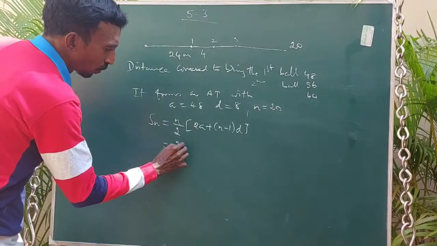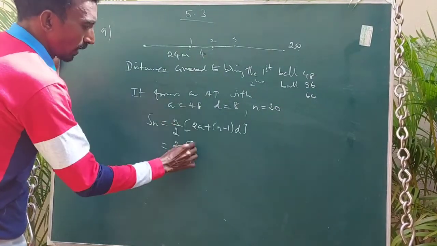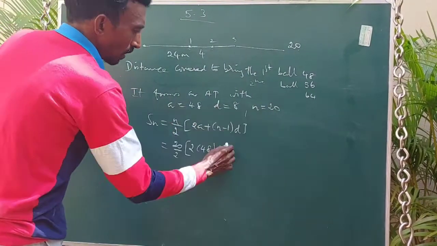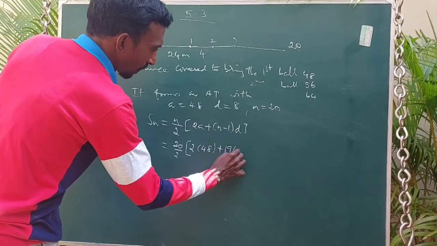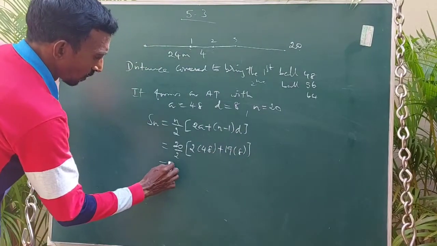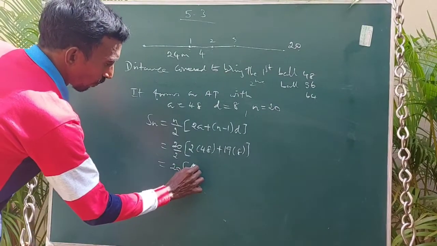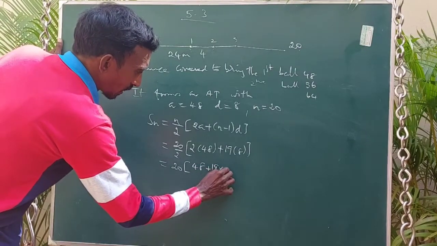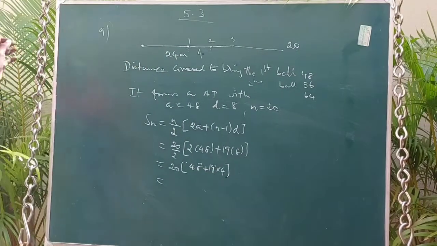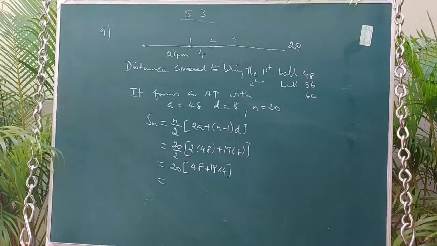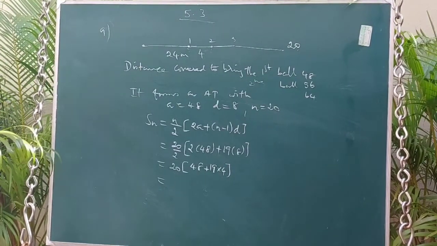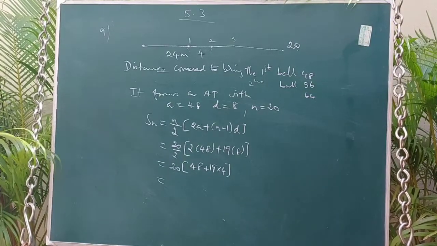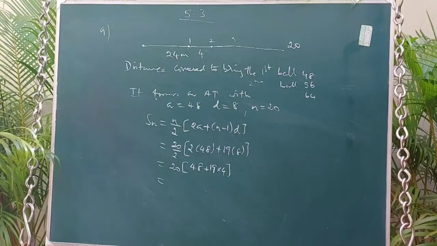So 20 by 2 into 2 into 48, plus n minus 1, 20 minus 1, 19 into 8. Dividing 20 by 2, we get 10 into 96 plus 152. Simplifying, 20 into 48 plus 19 into 4, and 19 into 4 is 76.